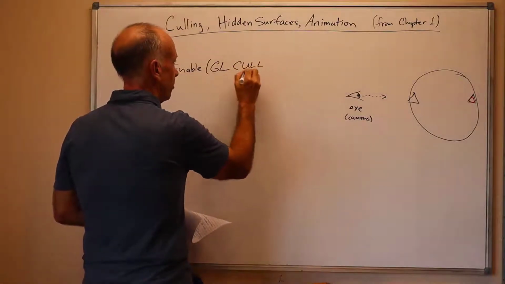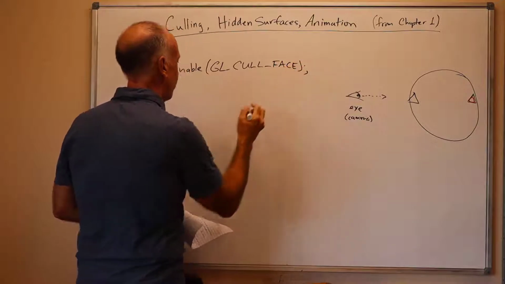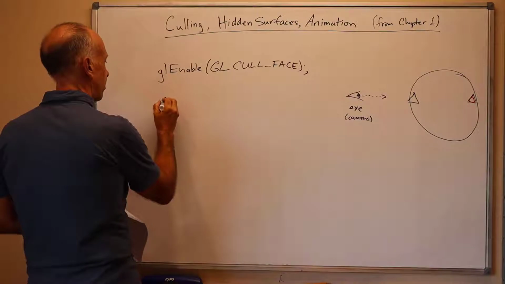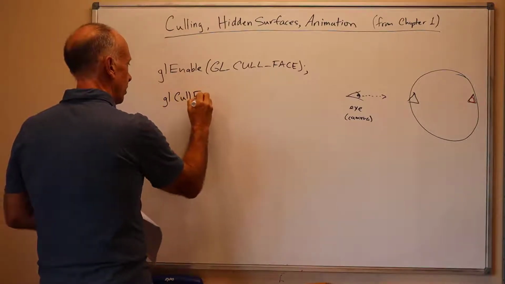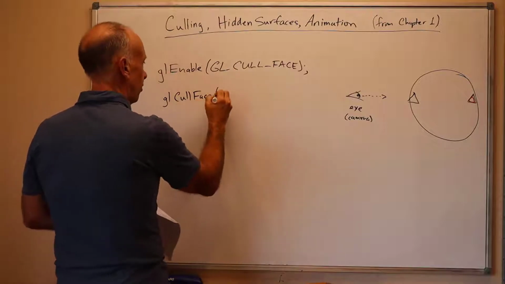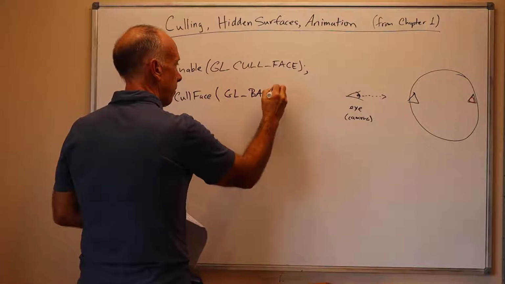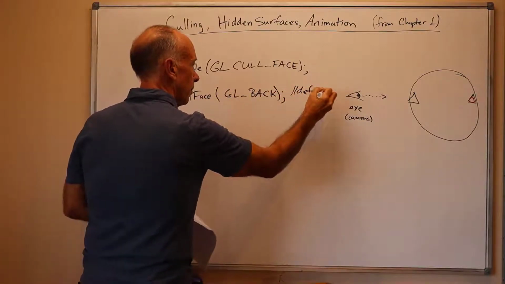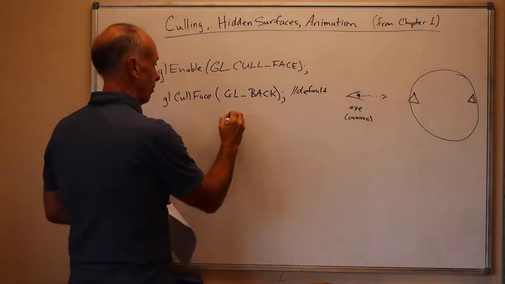That's GL underscore CULL underscore FACE. And that'll turn on culling. And you can also specify which faces are culled. By default, the faces that are culled are the back faces, GL_BACK. This is the default setting. But it could also cull front faces, or in fact both front and back.